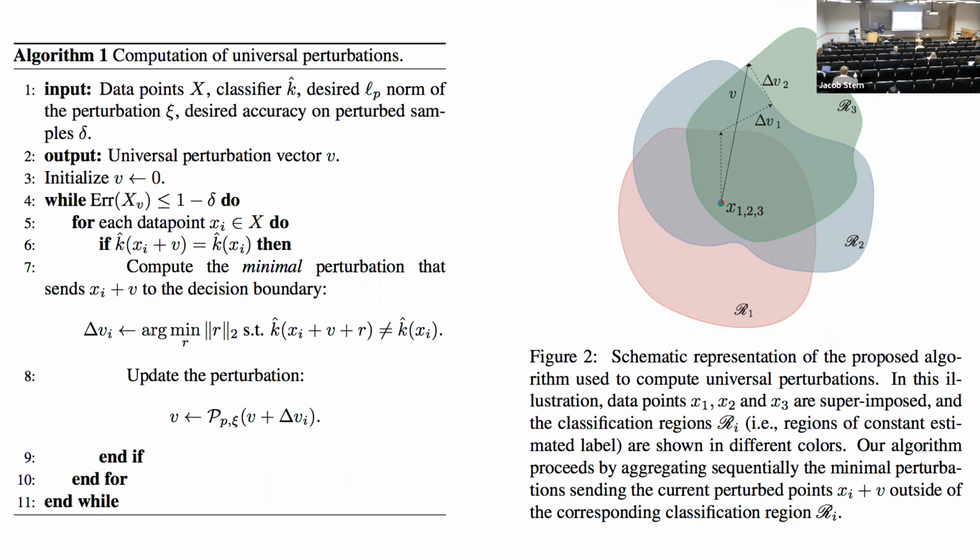The way we do that is we apply this same perturbation update for each item in the data set. So we apply the minimum perturbation that causes this image to be misclassified.